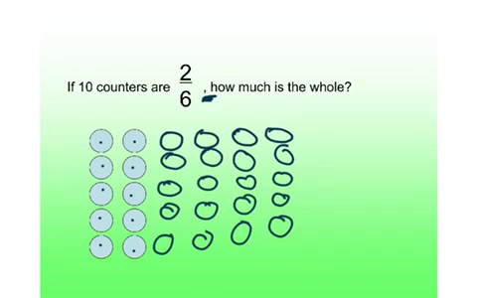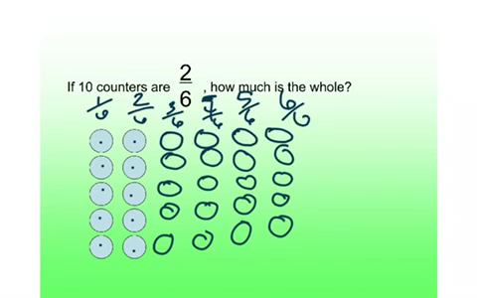Okay, so this would be 1/6, 2/6, 3/6, 4/6, 5/6, and 6/6, which means that's the whole, right, kiddos?